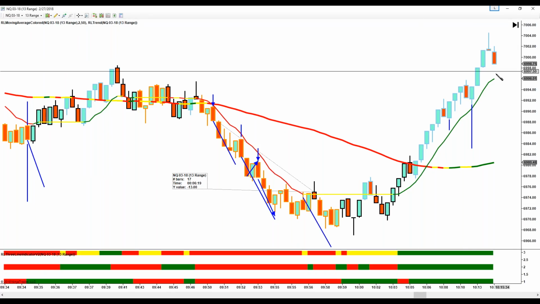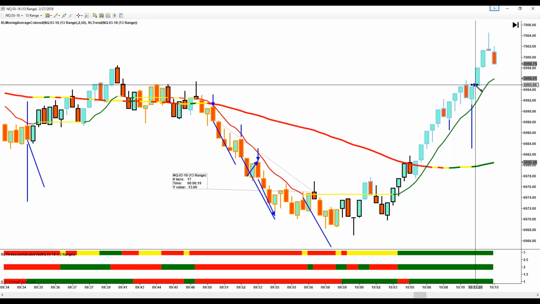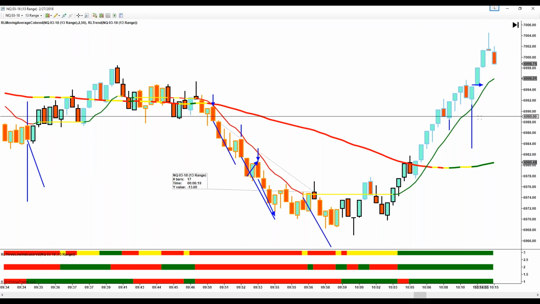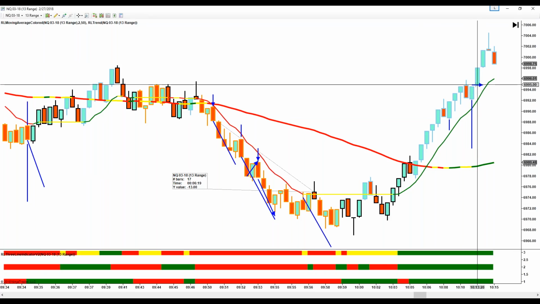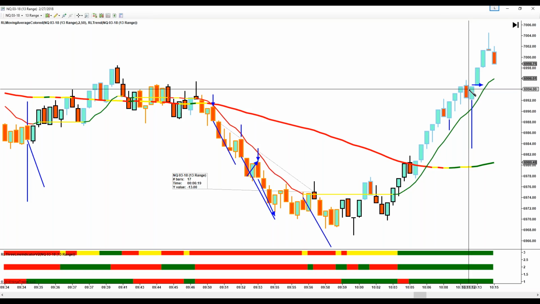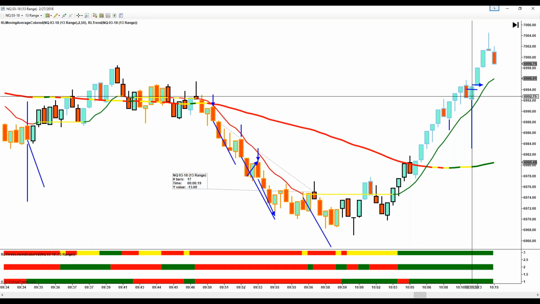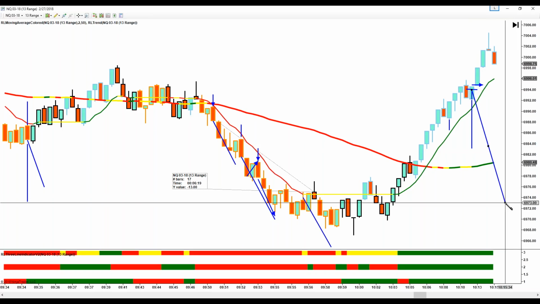1 tick above the close of the entry candle right here. There's the entry candle, 1 tick above. Because you can't enter intra-candle, because although the price goes up to here, it may wind up collapsing.